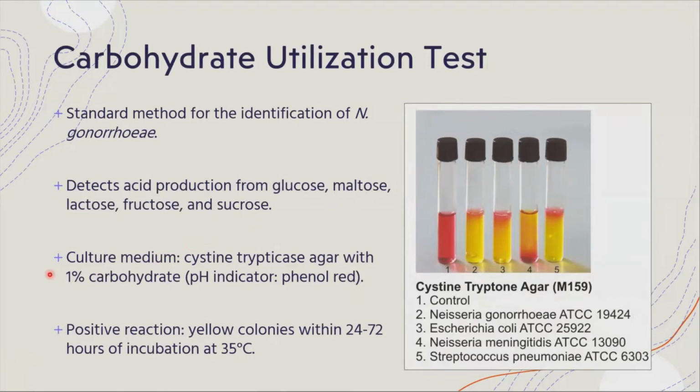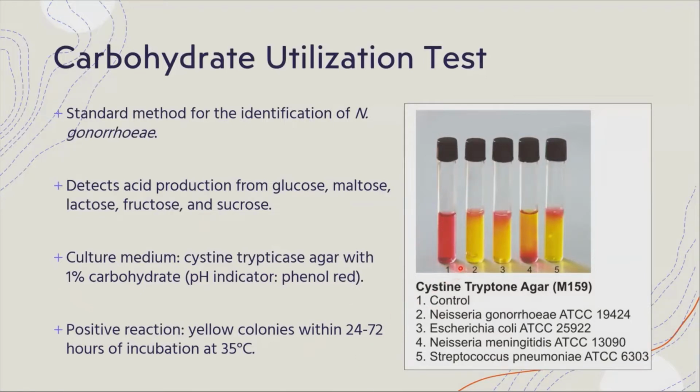So the culture medium is cysteine trypticase agar, or CTA, with 1% of each carbohydrate. Okay, so 1% glucose, maltose, lactose, fructose, and sucrose. The positive reaction is the formation of yellow colonies or the media changing color from red to yellow.